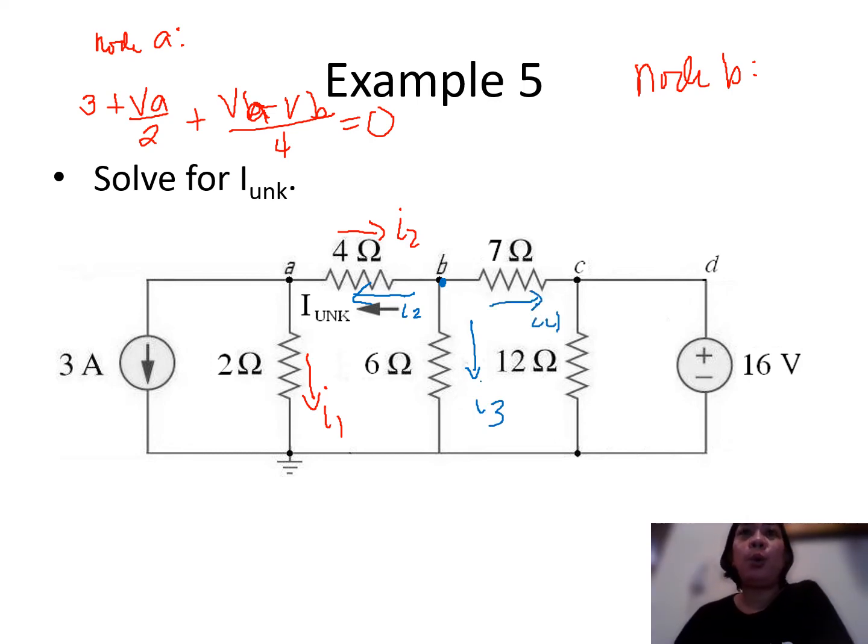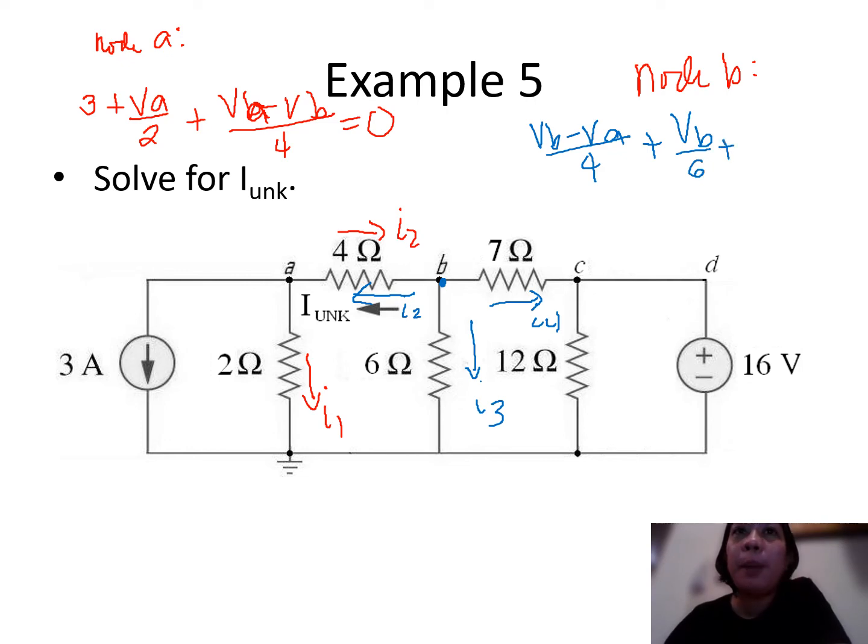So we have here, what is I2? I2 is VB minus VA all over 4. Plus we have here your VB all over 6.